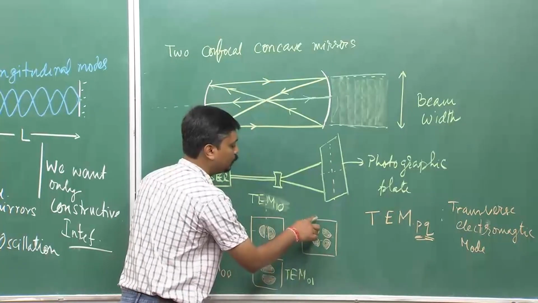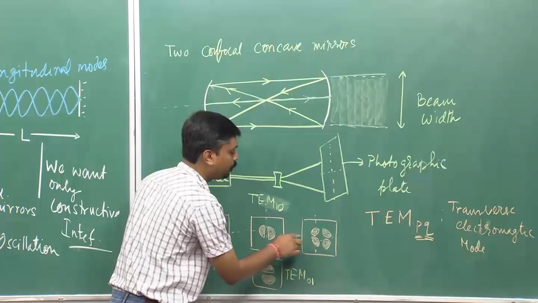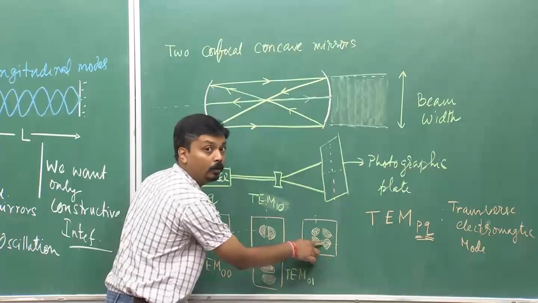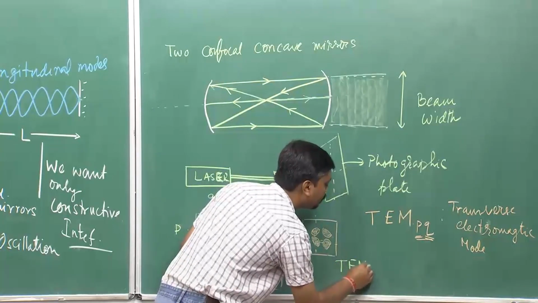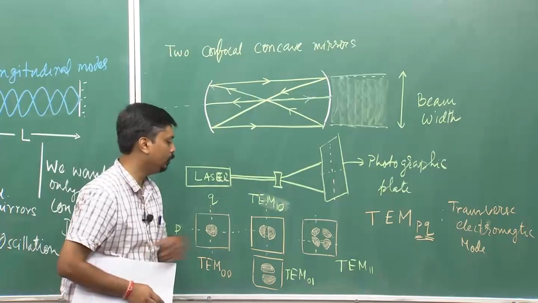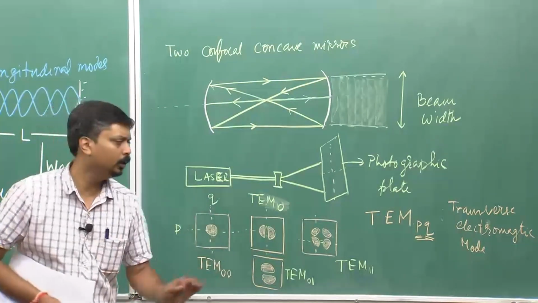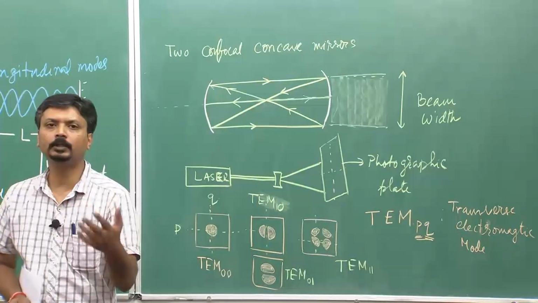You can see if you cross this direction there is one node, if you cross this direction you have another node, correct. So, this is essentially TEM11 mode. So, you can keep constructing. Knowing these preliminary few modes, you can keep on constructing other types of modes that are possible.